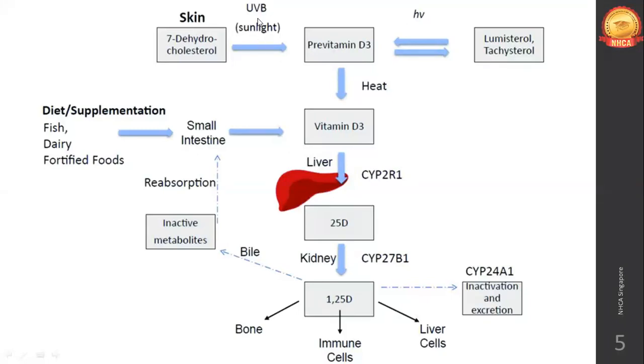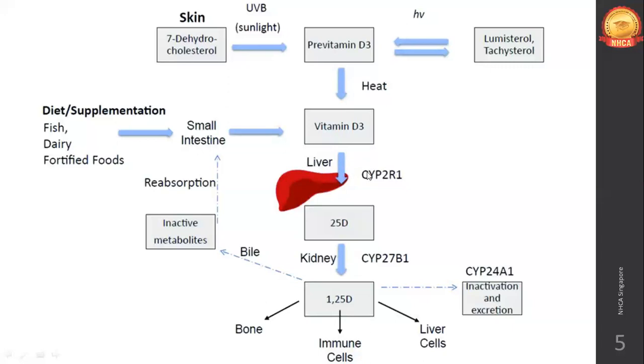Because of UVB radiation, sunlight, it leads to the formation of pre-vitamin D3. And again, because of the heat from the sunlight and the body heat, the vitamin D3 gets absorbed into the liver.